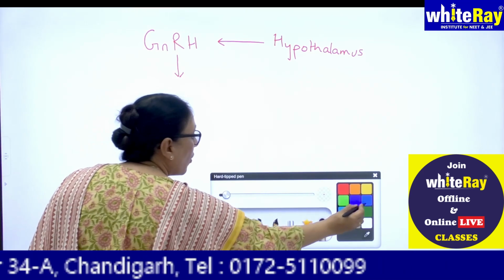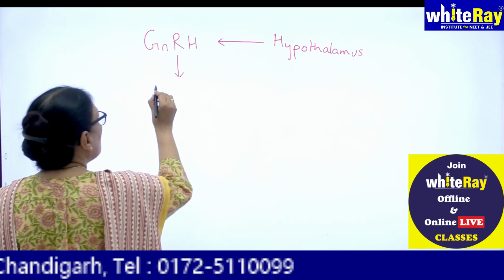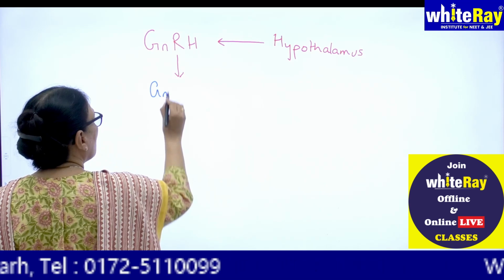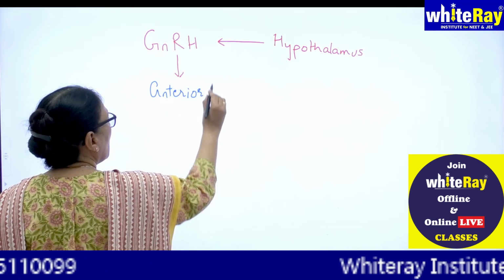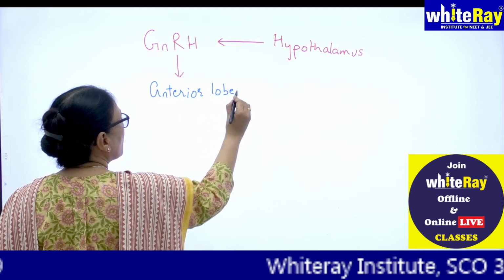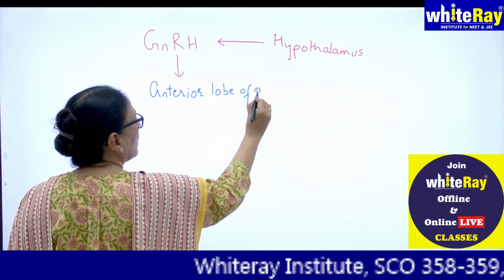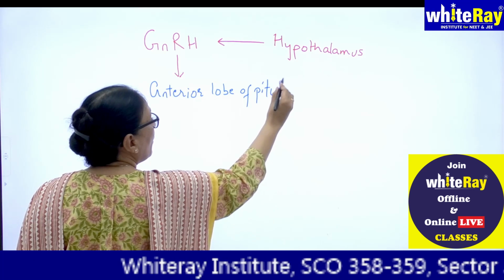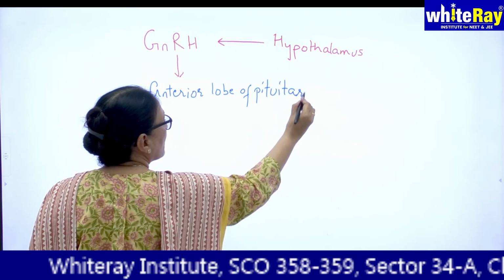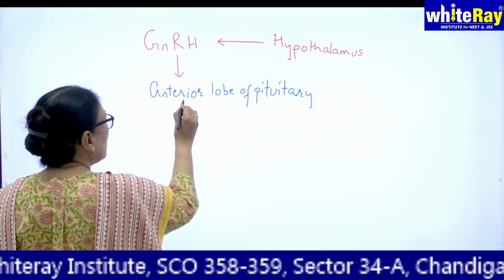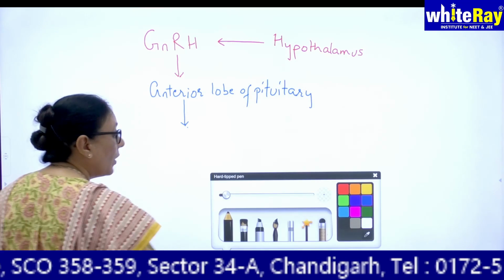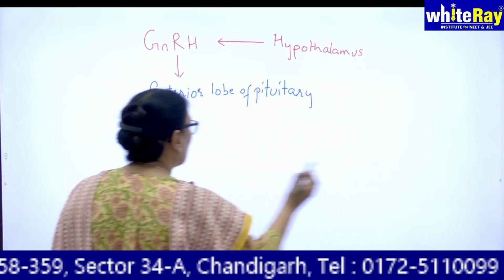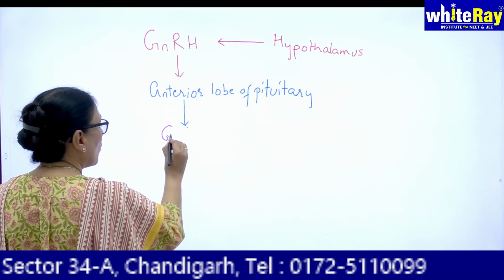It acts on the anterior lobe of pituitary. Pituitary, we know, is the master gland. The anterior lobe of pituitary then secretes the gonadotropins.